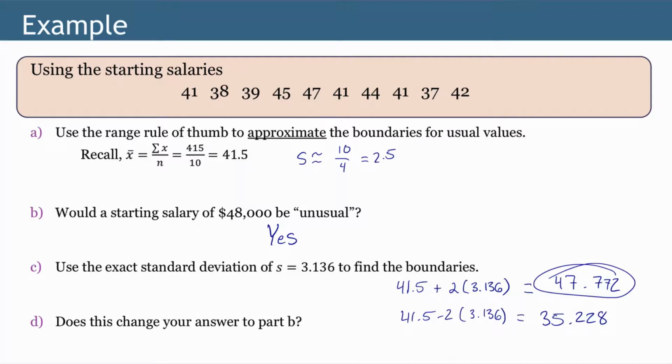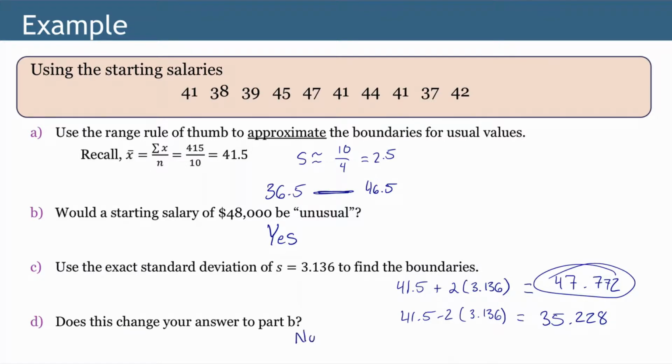So there we go. If I did that, 41.5 plus 2 times 2.5 would be 46.5. And if I do the same thing, 41.5 but minus 2 times 2.5, 36.5. So ordinary values would be between those two numbers. So actually, my answer to part B is still the same.